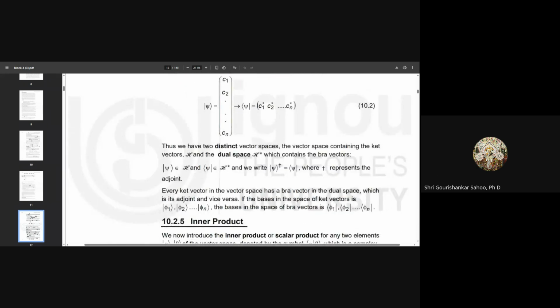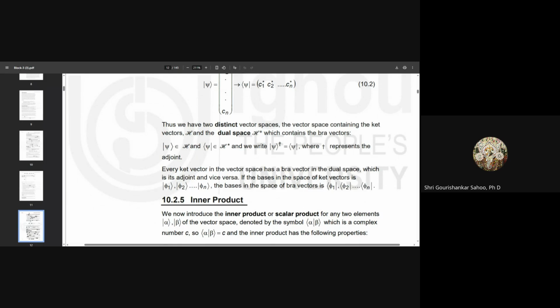So we have two distinct vector spaces: the vector space H containing the ket vectors, and the dual space H star, which contains the bra vectors. So your ket psi belongs to the Hilbert space H, and bra psi belongs to H star. And we write the adjoint of ket psi is equal to bra psi, where dagger represents the adjoint.